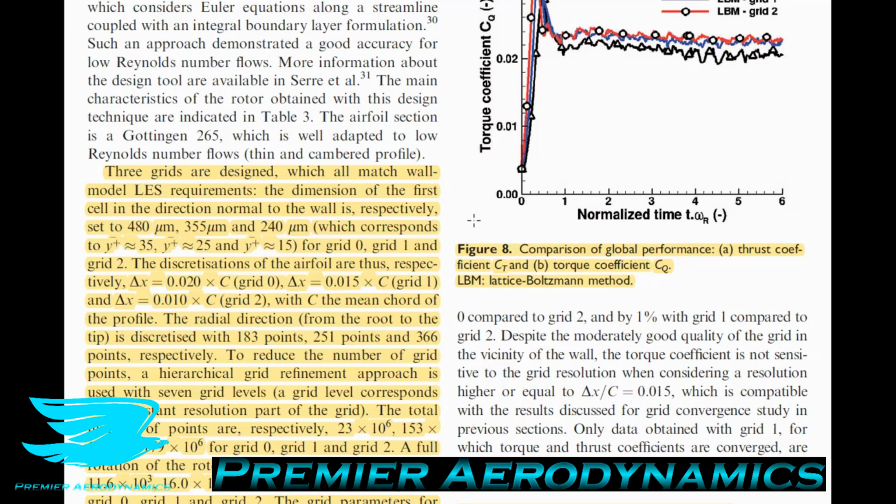The discretizations of the airfoil are thus, respectively, a delta x, so a cell size, of 0.02 times the chord of the rotor, 0.015 times the chord, and 0.01 times the chord for the three grids respectively. So for the coarsest grid, the chord of the rotor will effectively split up into 50 parts.